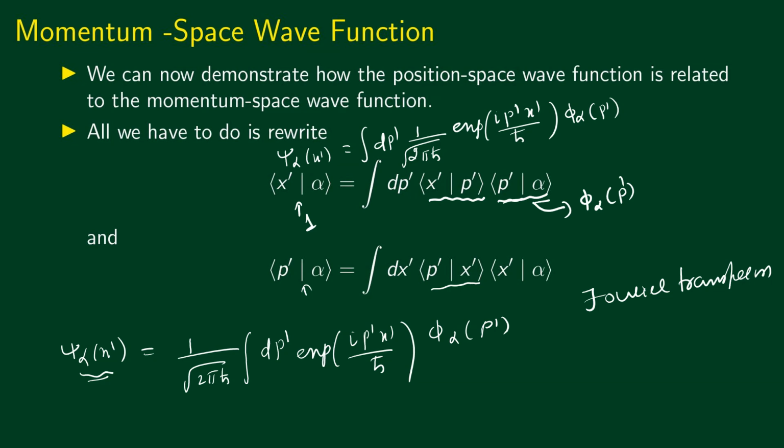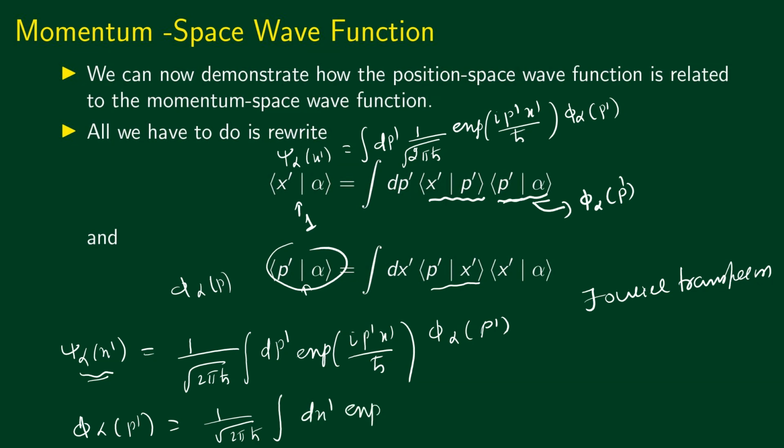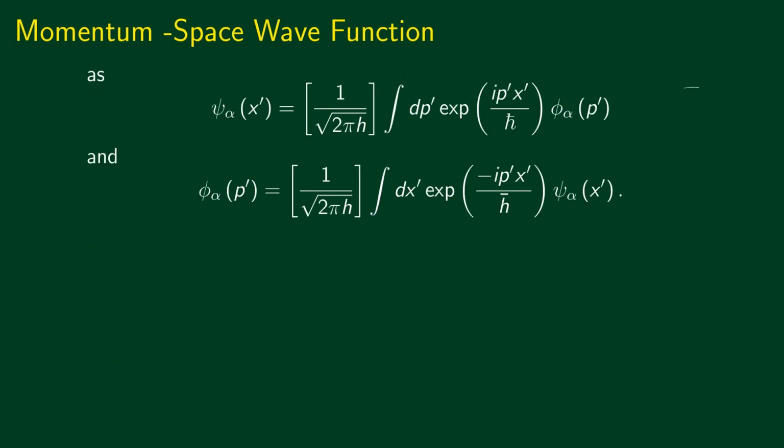So phi alpha of p prime is equal to 1 by square root of 2 pi h bar integral dx prime exponential minus i p prime x prime divided by h bar, and bra x prime ket alpha is psi alpha of x prime.